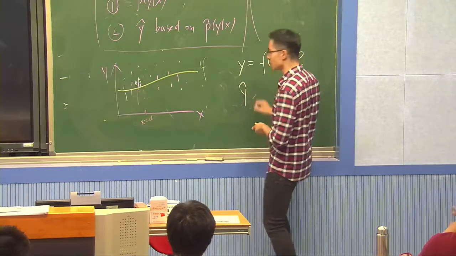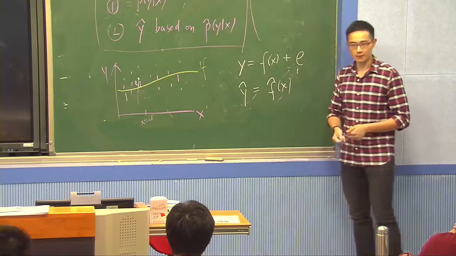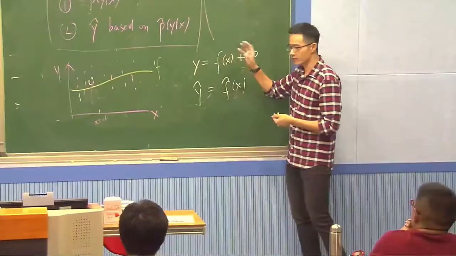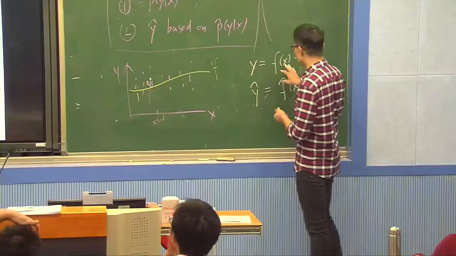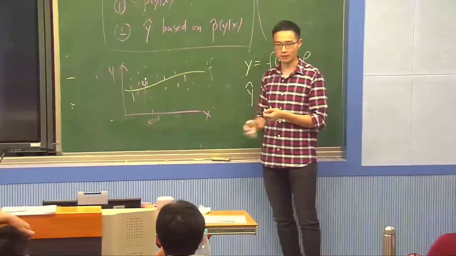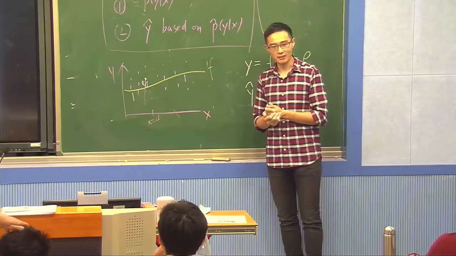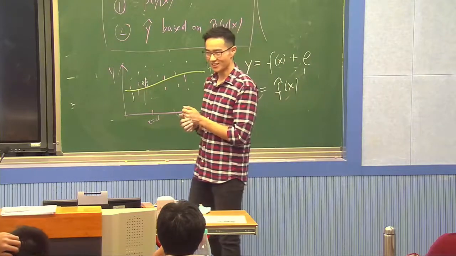So my y hat would just be my estimated f. That's it. So what should this f be? When y is noisy, what is the best f that can help me predict y? Well, that's a question I already asked you in my introduction.